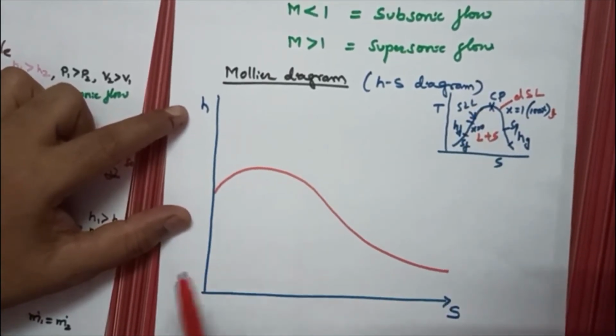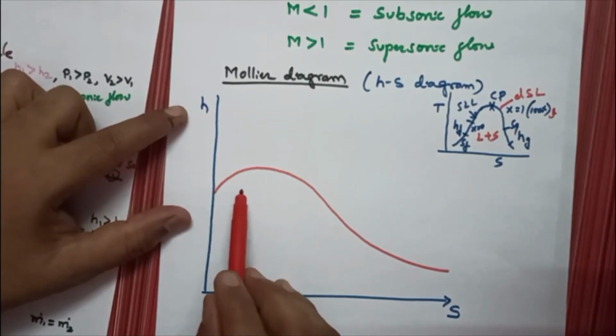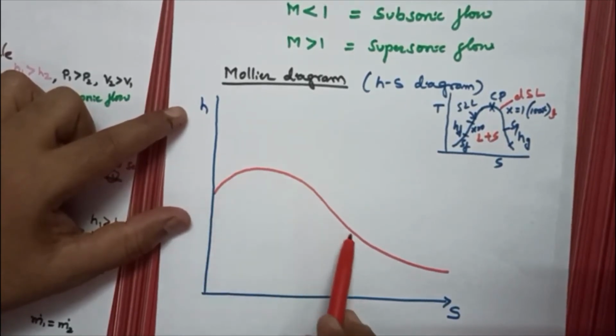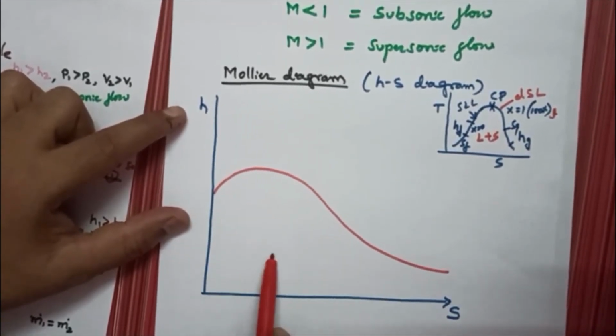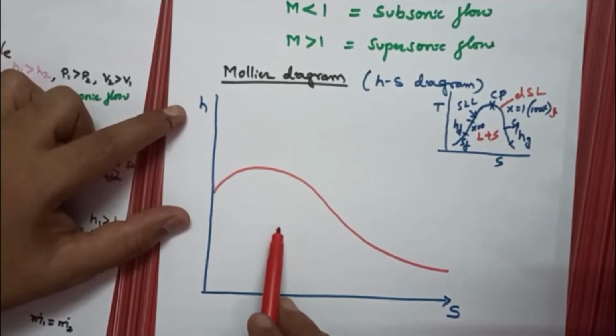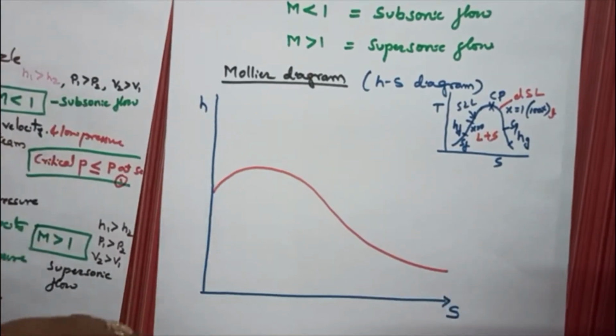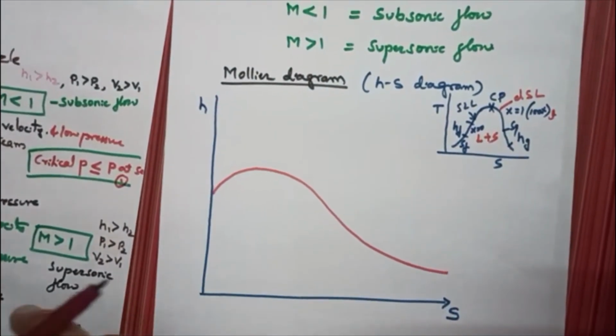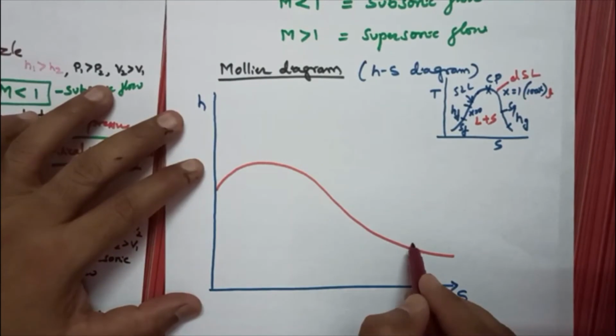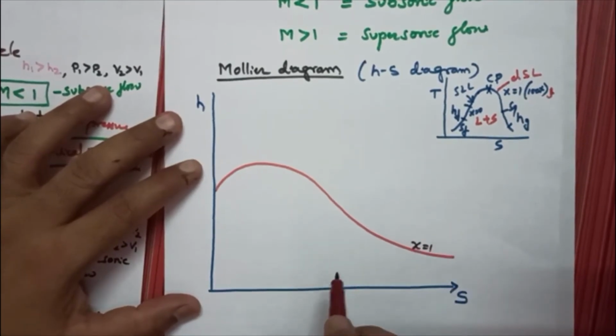Here in the HS diagram, the area below the dry saturated curve is the wet region, meaning the value of x is less than 1. Above it, the value of x is more than 1. If you take the value of x on this line, x is equal to 1, that is 100%.